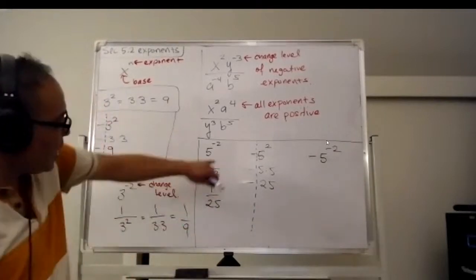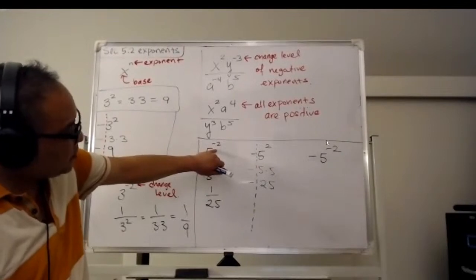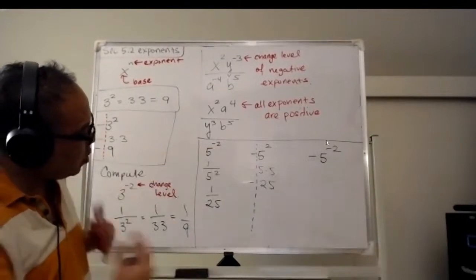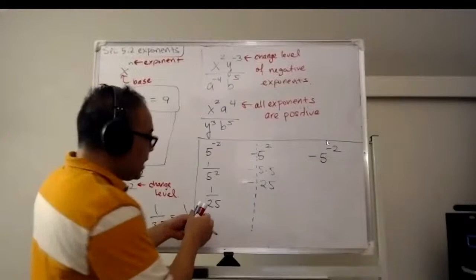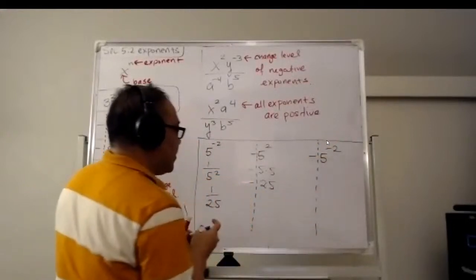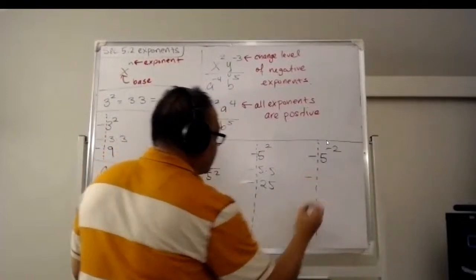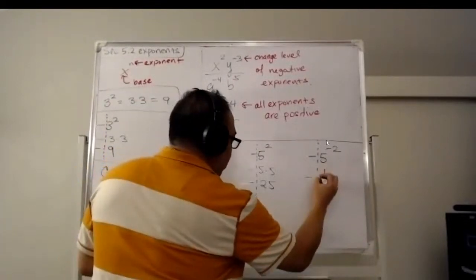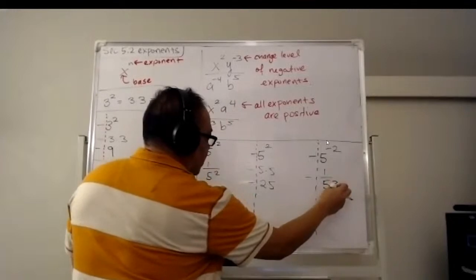So you're never evaluating something that has a negative exponent. We're always moving it. Now over here, you're doing the same thing. Your negative is not connected. And then we're going to change level. And then this becomes positive.